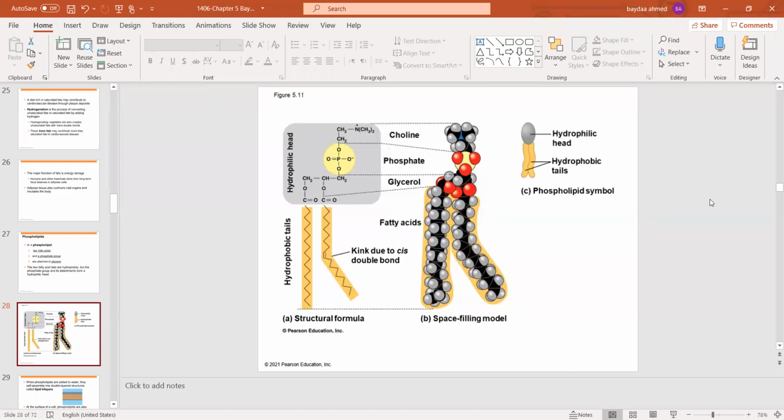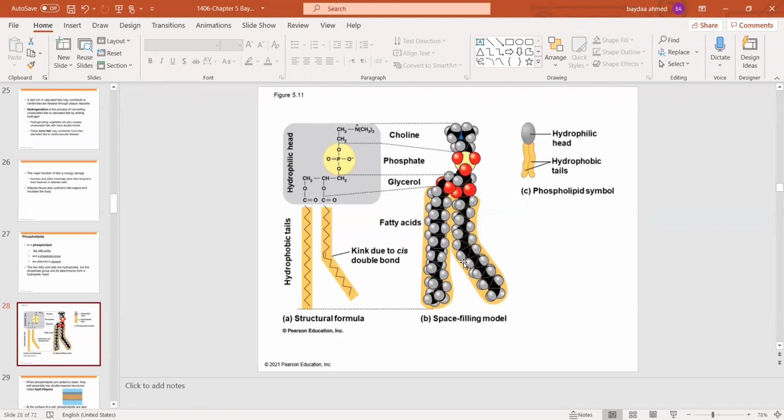The hydrocarbon tails are hydrophobic. Those are the tails. This is a space filling model. The black represents the carbon, the gray is the hydrogen, and those are the oxygen. The hydrocarbon tails are hydrophobic and are excluded from water.